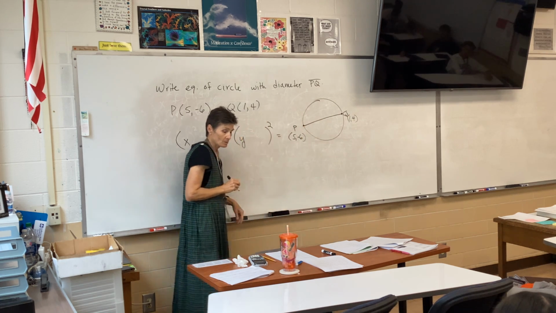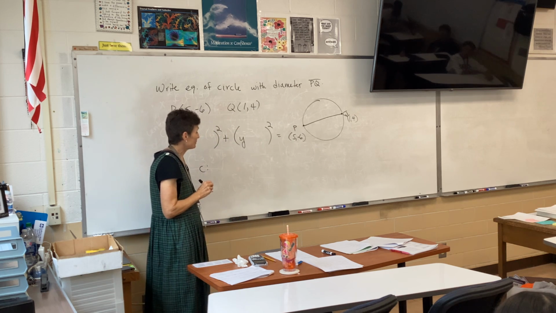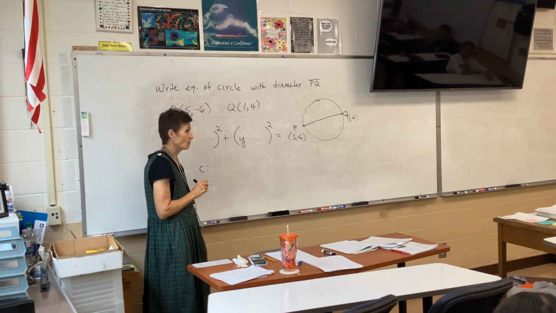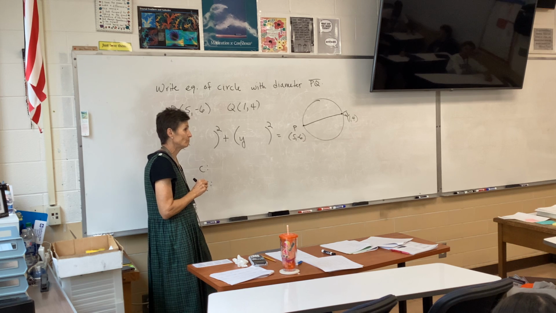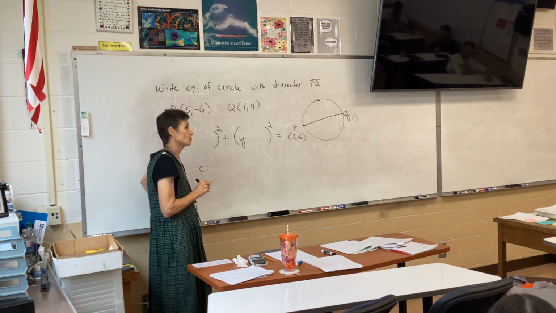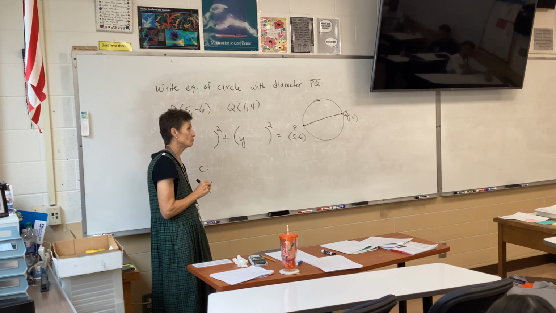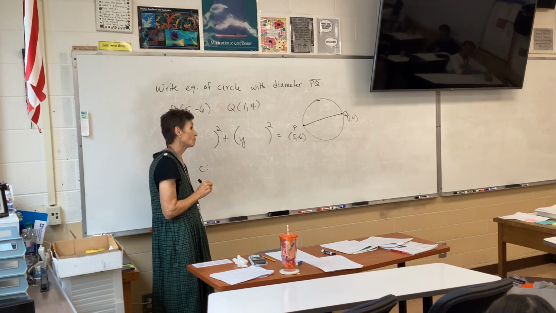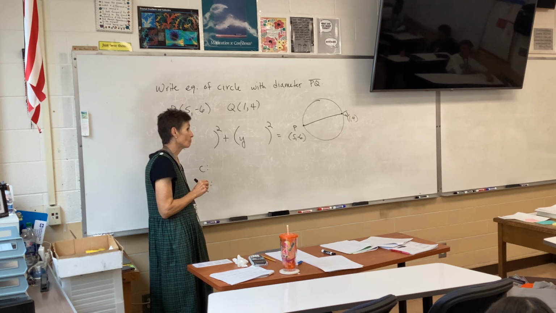4. Okay, so Quinn, can you remember anything about how to do this? Where to start, what we might want to do? Isn't that x plus 5 and we get the square from that, and then plus y minus 6.